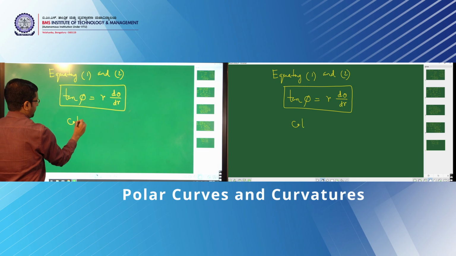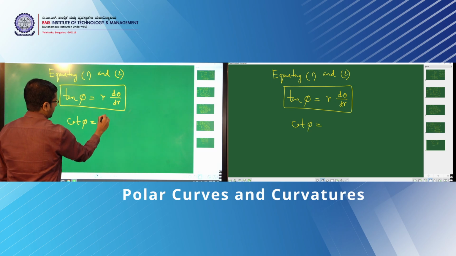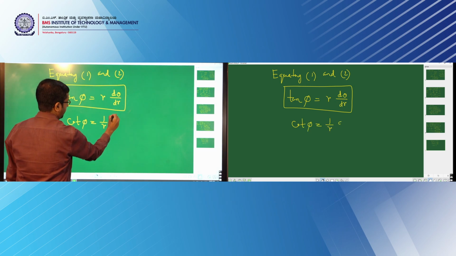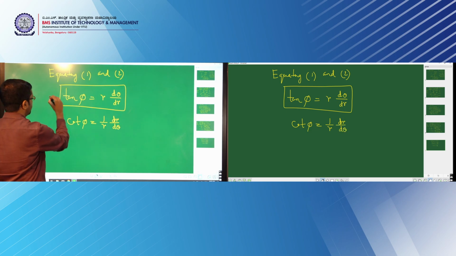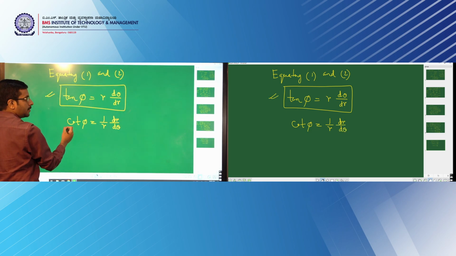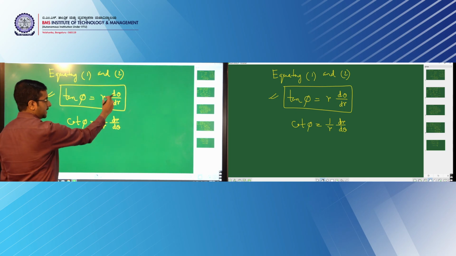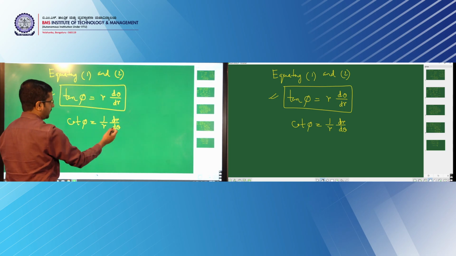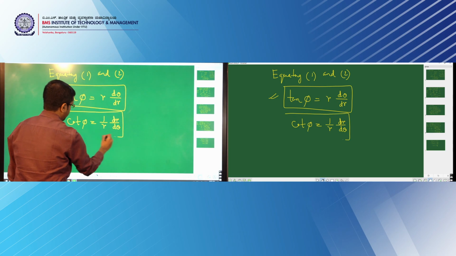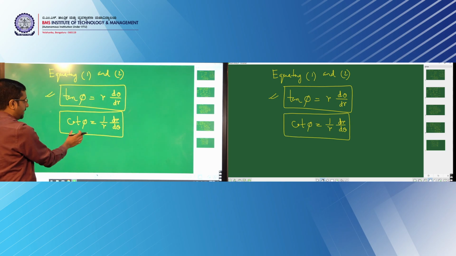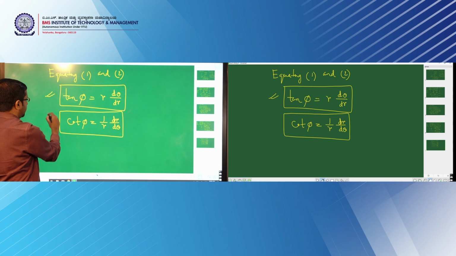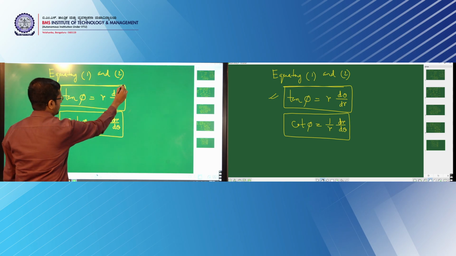Sometimes in exams the question comes: prove that cot phi is equal to 1 by r dr d theta. Same result, exactly the same thing. First you prove this tan phi, then write one more line: cot phi is the reciprocal, 1 by tan phi, which is 1 by r dr d theta. When we do the problems, we will show how to find the angle between two polar curves. In that case, this tan phi theorem is used.